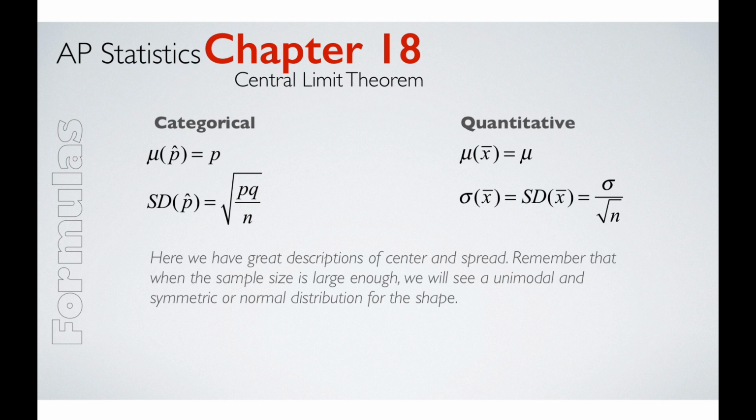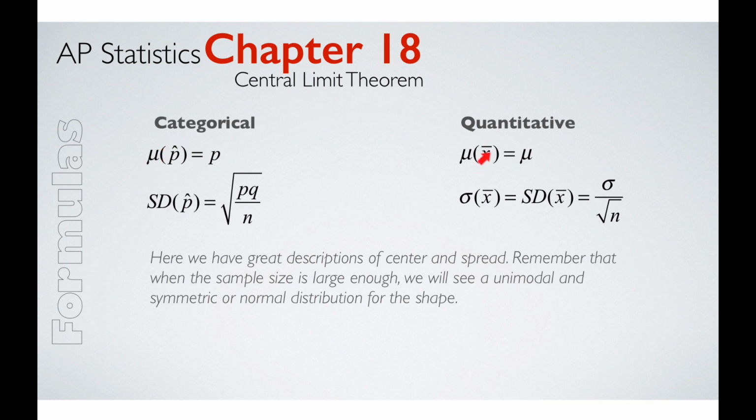Now the mean: we always represent the population mean as mu, the Greek letter mu. Now p hat and p represent a proportion. Usually when we give something a particular character above it, like x bar or p hat, these represent the statistics.